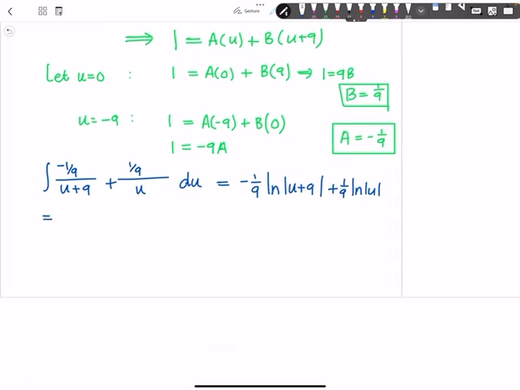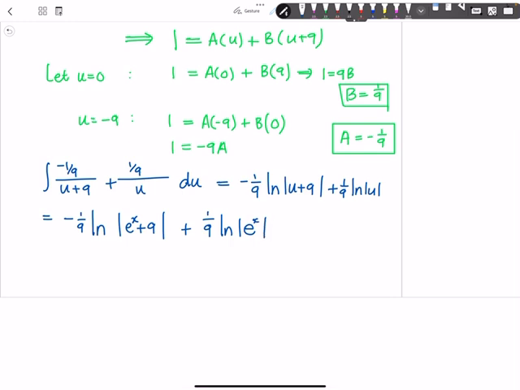This is going to be equal to negative 1 over 9 times the natural log. Remember, at the beginning of the problem, we let u be equal to e to the x. So this is equal to e to the x plus 9, plus 1 over 9 times the natural log of e to the x.